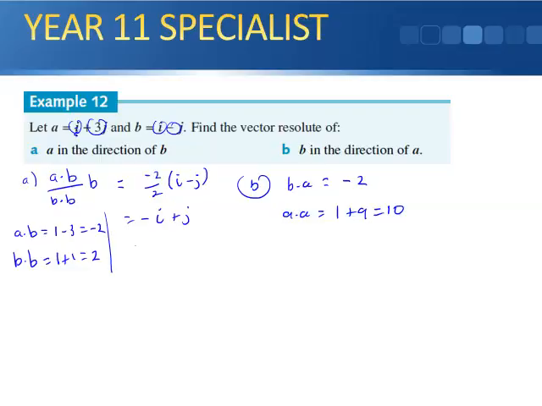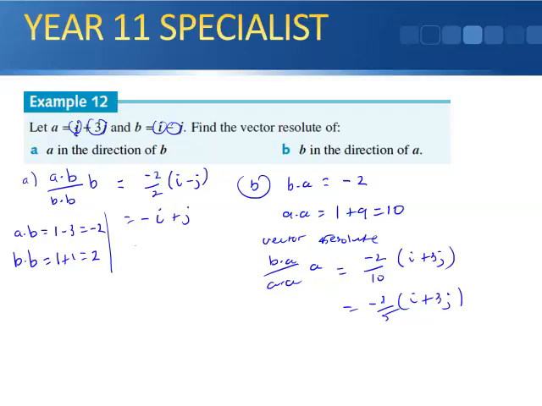And therefore the vector resolute is going to be B dot A divided by A dot A, and this time A, which means it's going to be negative 2 divided by 10 of i plus 3j, which means it's negative a fifth of i plus 3j.